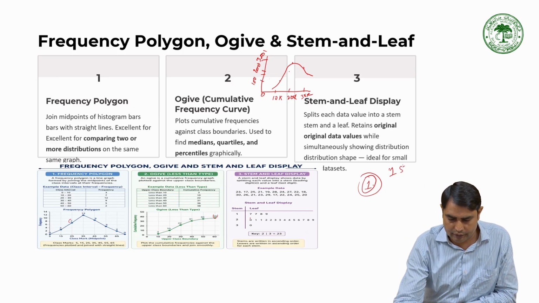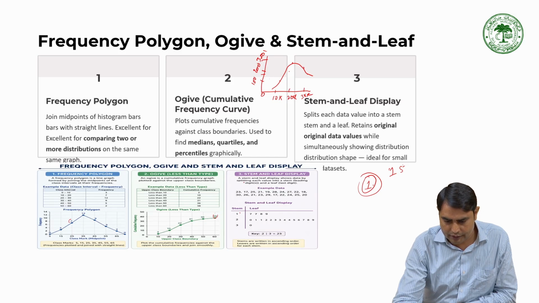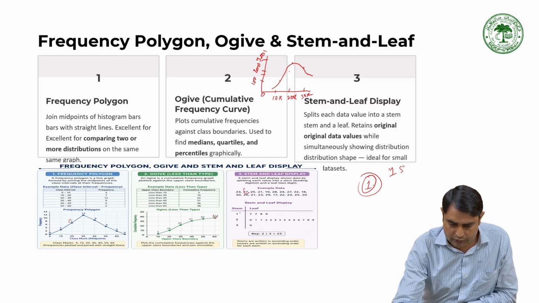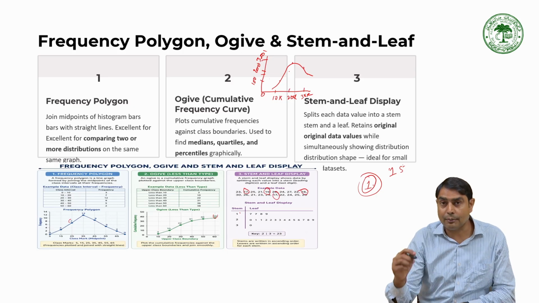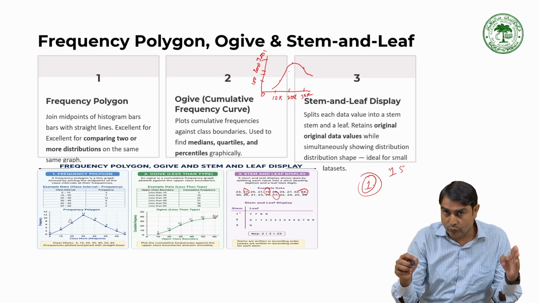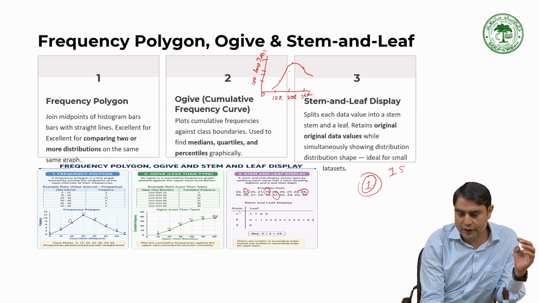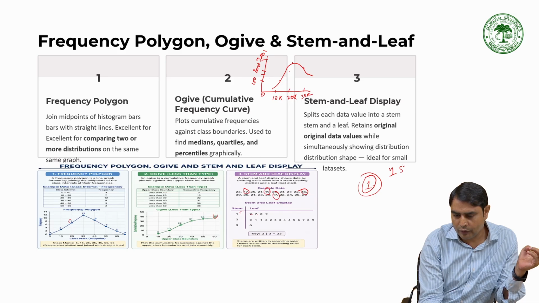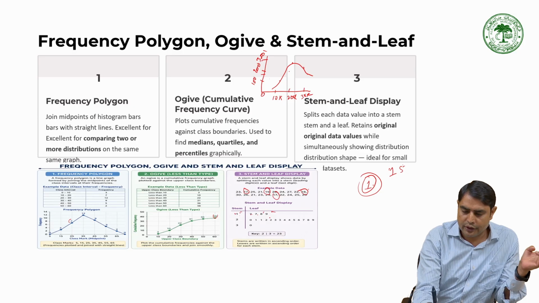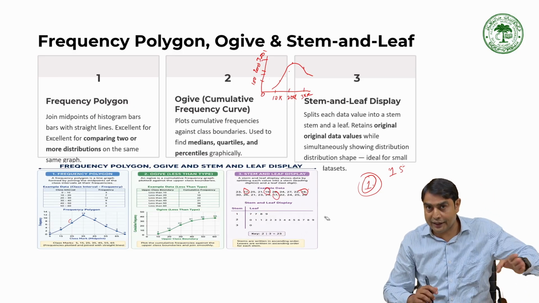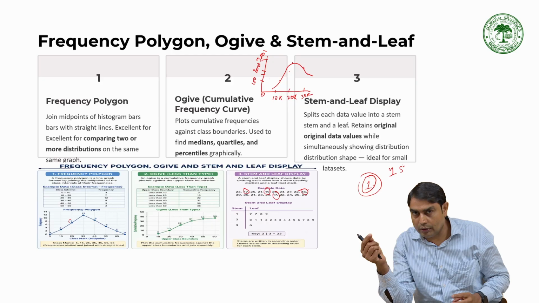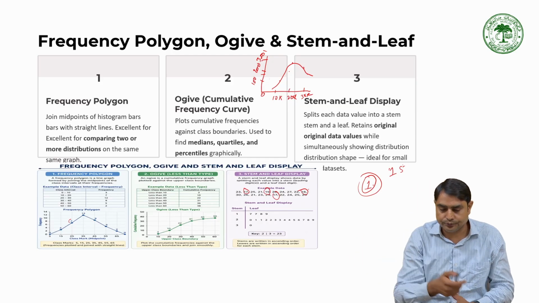Like this is 1, so the numbers which are with 1: 17, 19, 18, 17. These are the numbers with prefix 1. So 17 is 1 followed by 7, for 18, 1 is followed by 8, and for 19, 1 is followed by 9. So these are the leaves. Stem is actually the tens, and the other number, the leaf, is the ones.